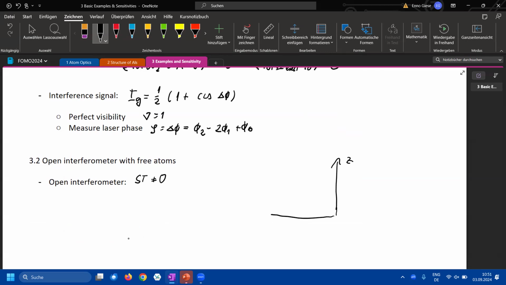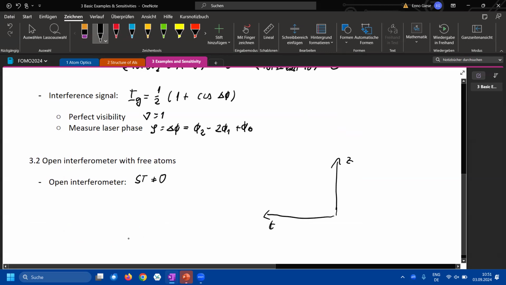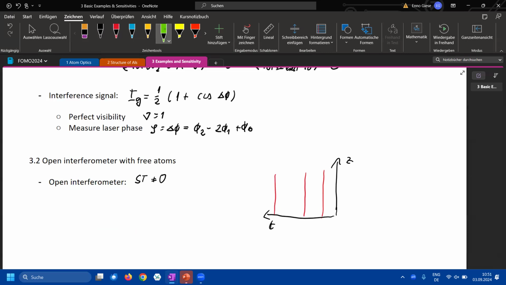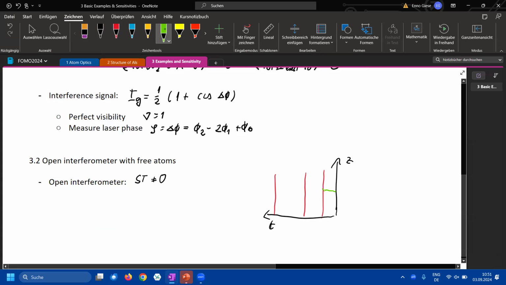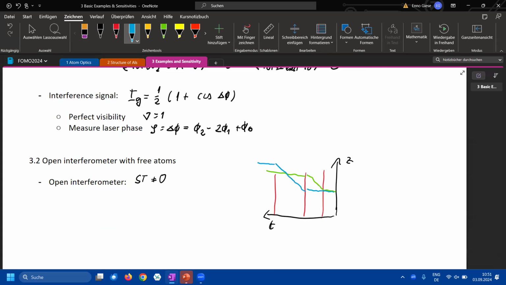So this is time. No, this is space. This is time, t. And now what we observe is that we have one pulse here, and one pulse here. So it's displaced. And we now observe the upper path that goes up here and interacts. And we have the blue path, which starts at the same point, goes straight, goes up, and then goes straight. And you see already here that there is a displacement between the two. And it's just because of this timing asymmetry.